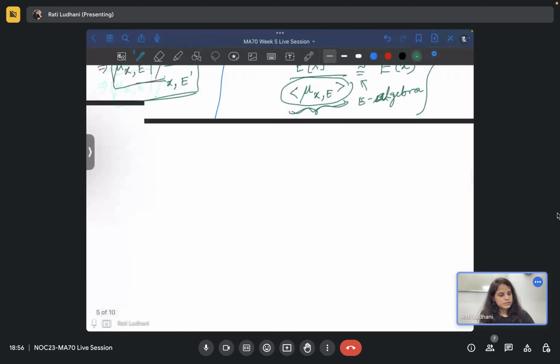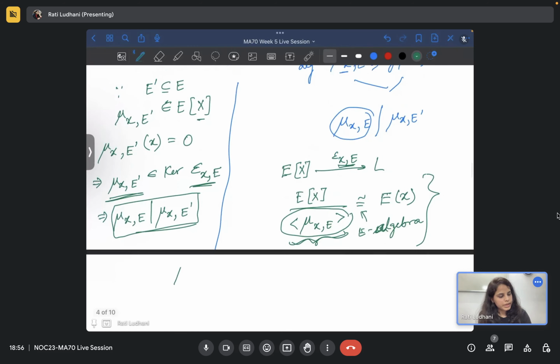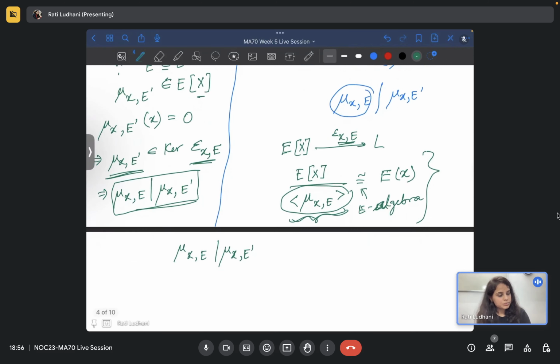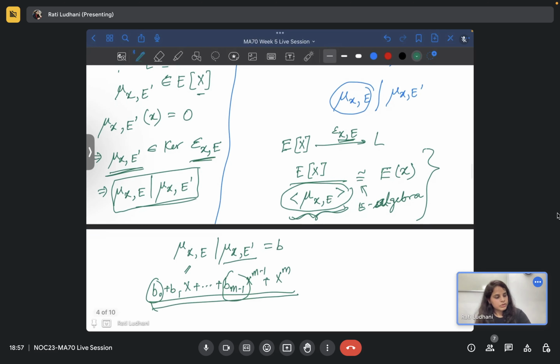Okay, is that clear? So now you know that mu(x, E) will divide mu(x, E'), and you know that this is equal to b0 plus b1x plus and so on up to b(m-1) x^(m-1) plus x^m. So mu(x, E) is given to be this, and now all the coefficients are there, so this exactly will be here also.